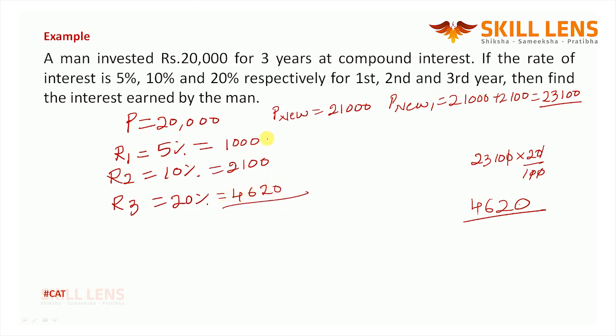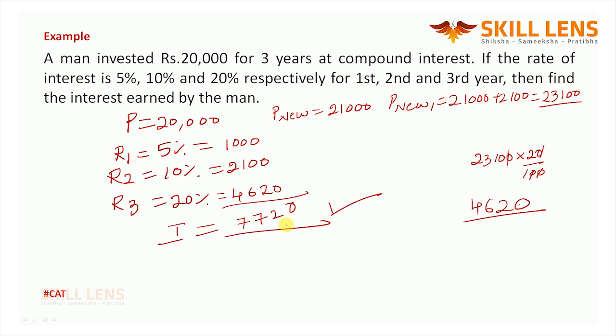So if you want the total interest, I can say your total interest for the entire period of 3 years is going to be 7,720. Okay, so this is how you can handle your question very easily.